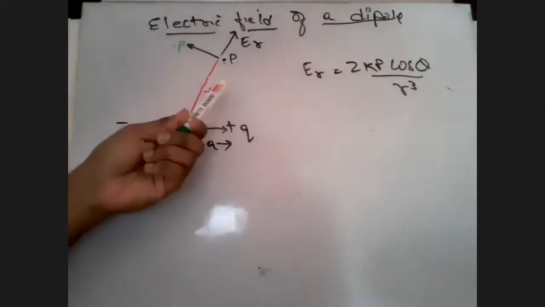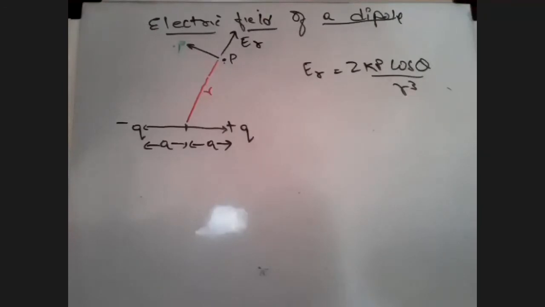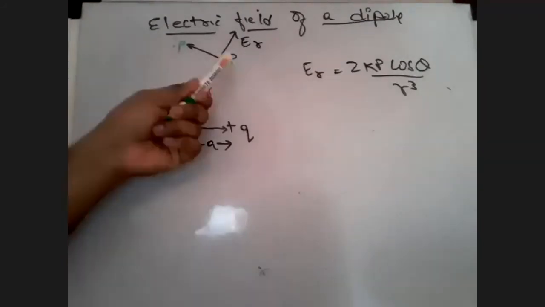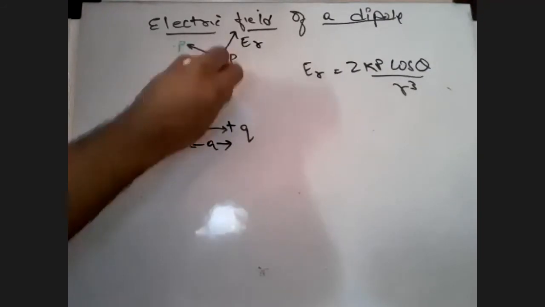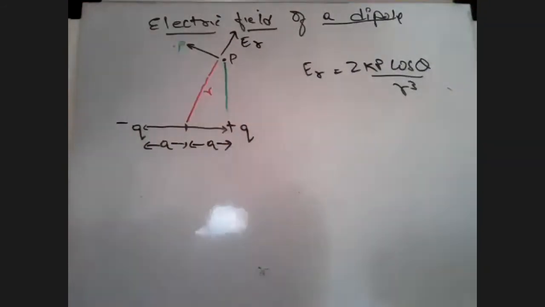No. I'm not taking it exactly on the perpendicular bisector. I'm just finding out the value of the component. Is the point P on the middle? It's not in the middle. You can see it is not exactly on the middle of the axis. So I can't basically do that. You got it?